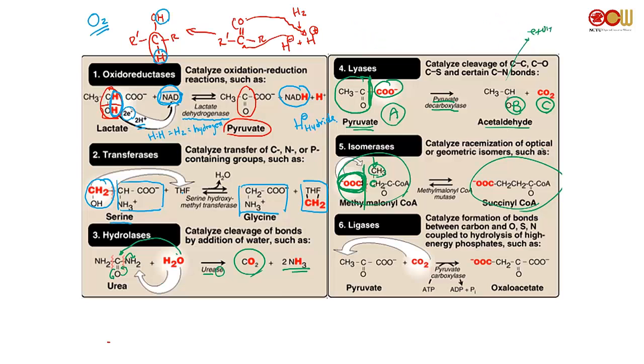Right? Last thing, we have a ligase. Oh, okay, so I guess in this case, they use this example as ligase. Here, I want to take pyruvate plus CO2. Now, you're going to be like, whoa, that's crazy. Because CO2 is a gas. CO2 is what? Super stable.